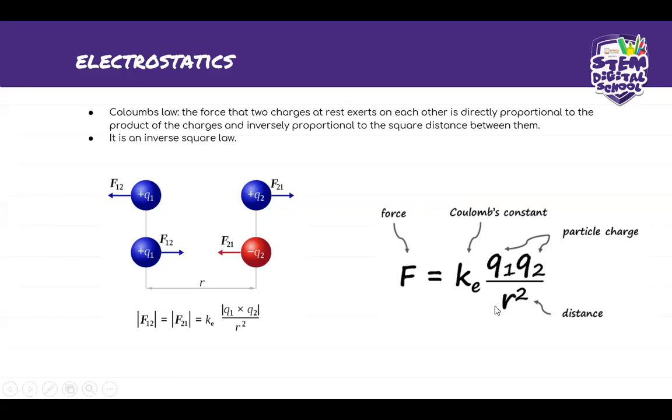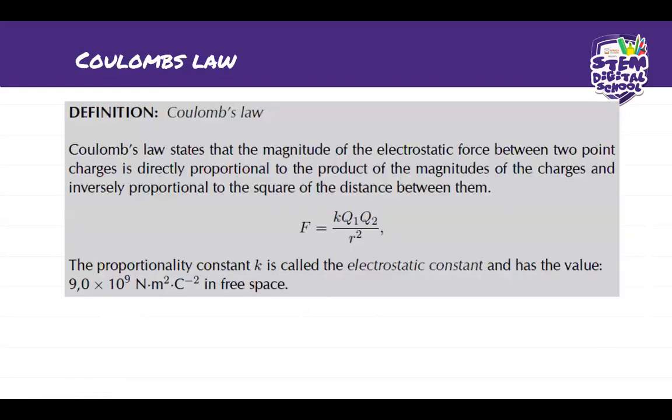So basically, Coulomb's law states, okay, there we go again, and we have it there. It states that the magnitude of the electrostatic force between 2-point charges is directly proportional to the product of the magnitude of the charges, which is this Q1 and Q2, and inversely proportional to the square distance between them. So this is the inverse proportionality.